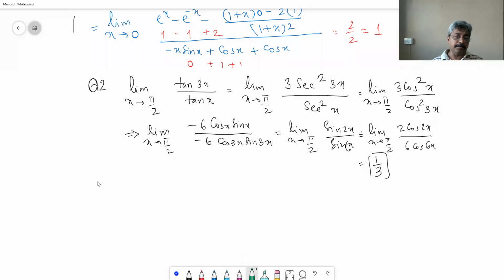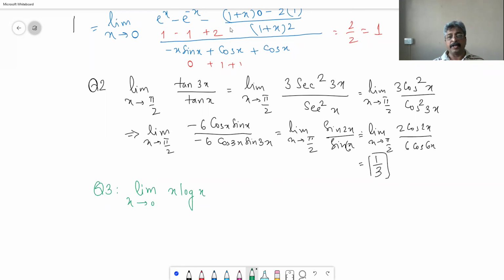Question number 3. Limit x tends to 0, x log x. So this is 0 into minus infinity form.